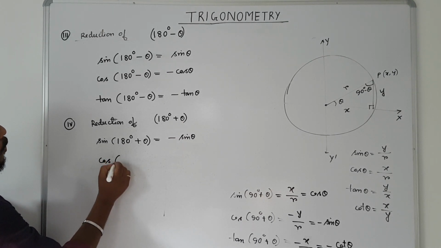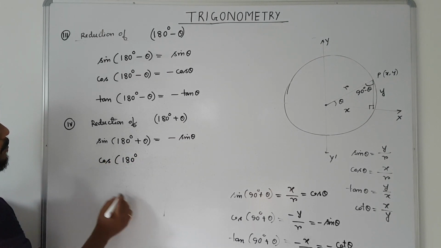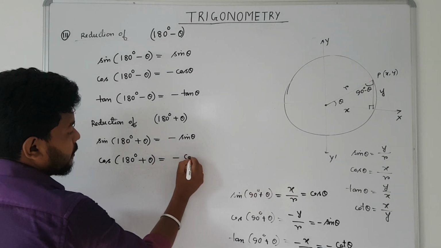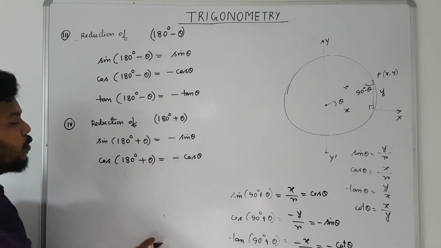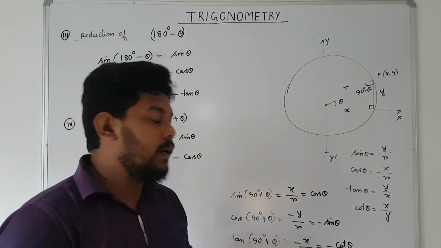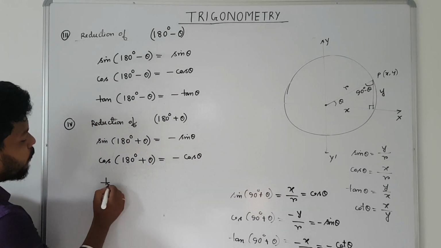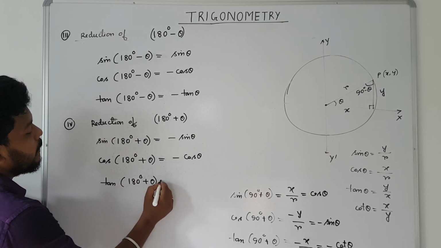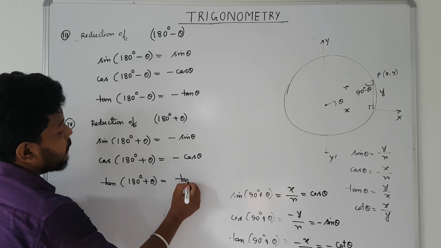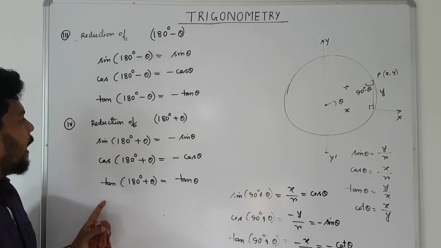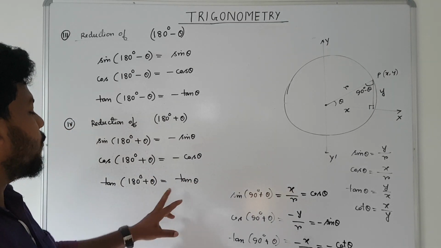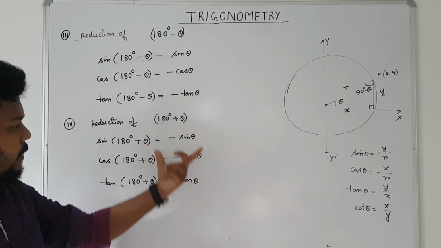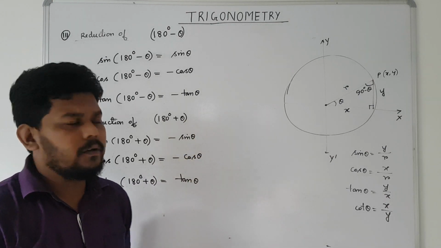Cos of 180 degree plus theta is equal to minus cos theta. In third quadrant cos is also negative, okay, and tan of 180 degree plus theta is equal to tan theta. In third quadrant I already said tan is positive, so it is positive sign. You can deduce this reduction by this method.